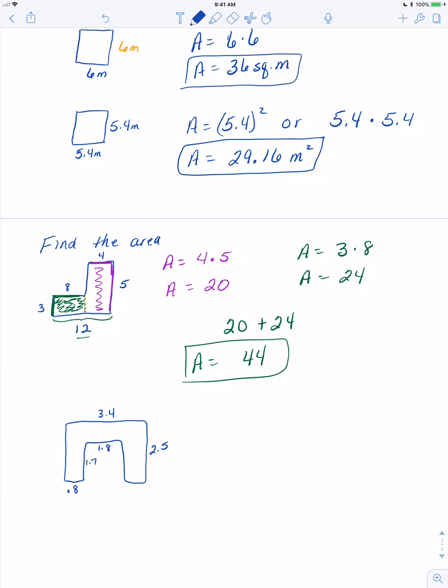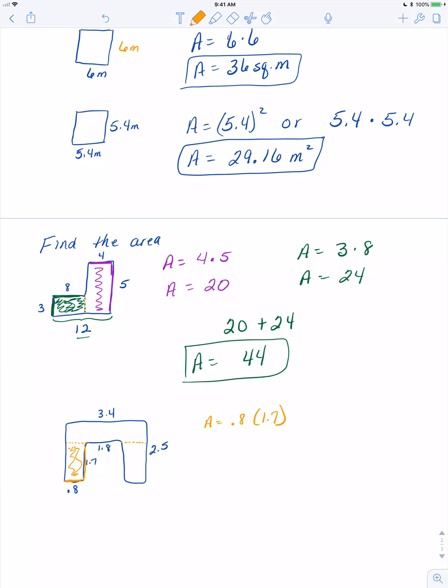okay, so you may have to say, well, how can I break this up so that we can come up with some of these? Well, I may have to say, let me break this off like that. This would be the 0.8 times the 1.7. So the area of this section times 1.7.